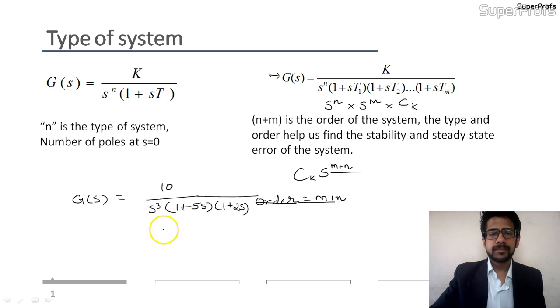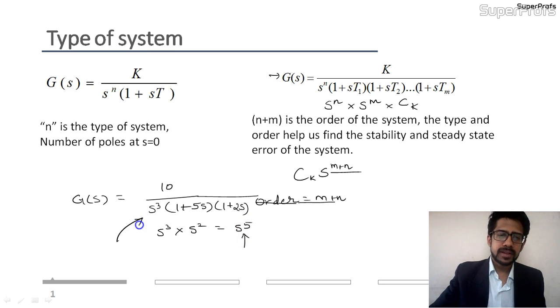The order will be s raised to 3 into s into s, which is s square, so s raised to 5. So the highest exponent occurring in this characteristic equation is 5, and hence the order of the system is 5 in this case. At the same time, the type of the system is 3.